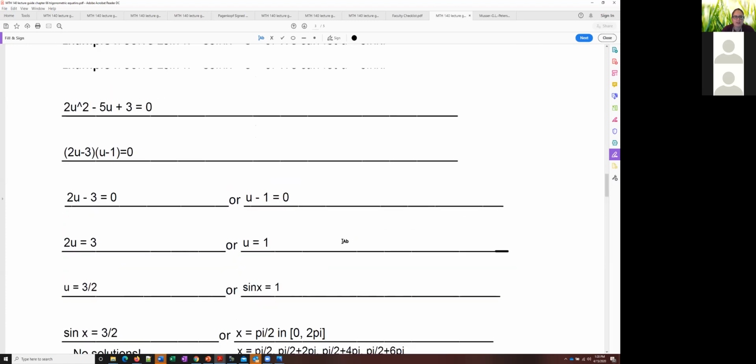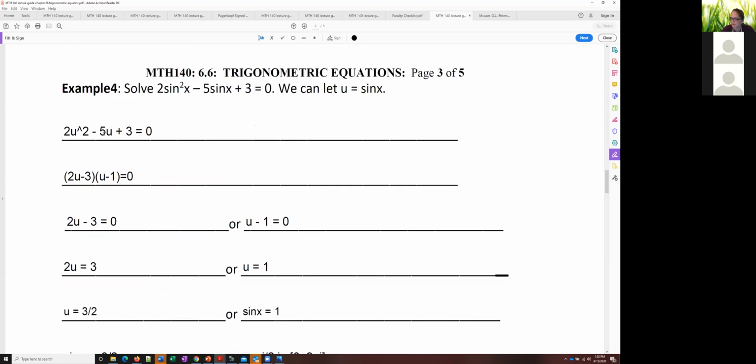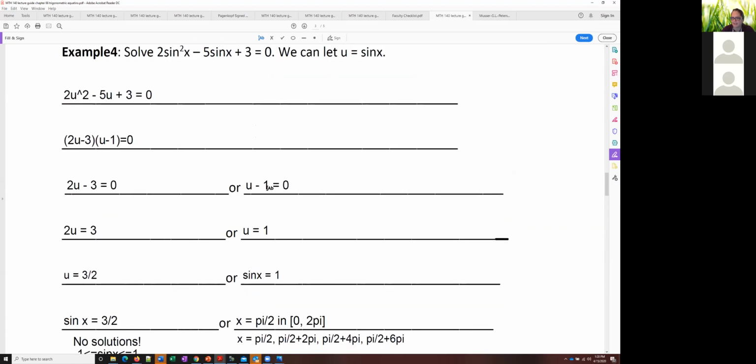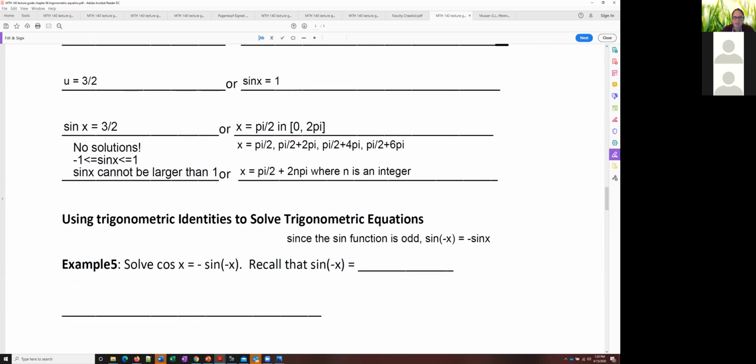So now everybody's good with example 4? Ready to look at example 5? On example 5, we are trying to solve cosine x equals negative sine of negative x. We know that sine of negative x is negative sine of x.